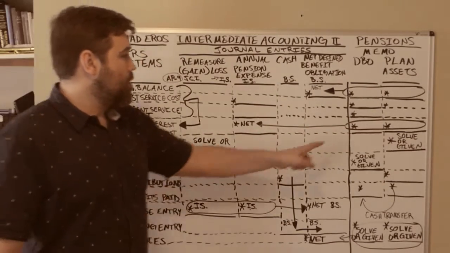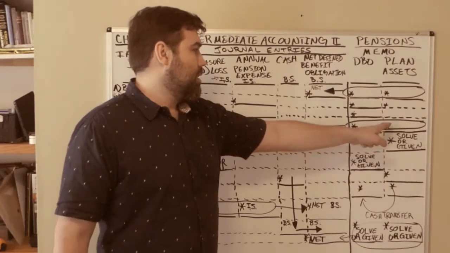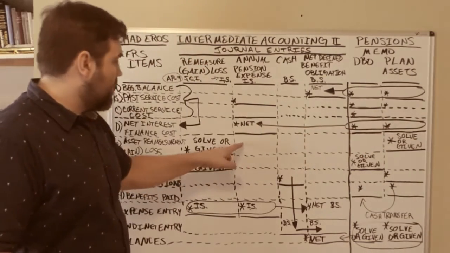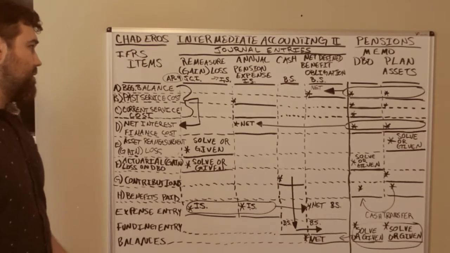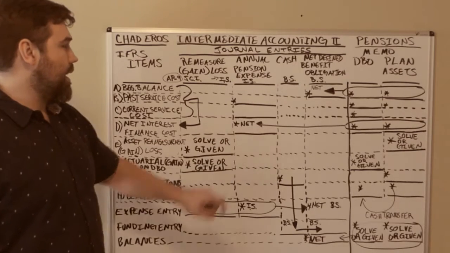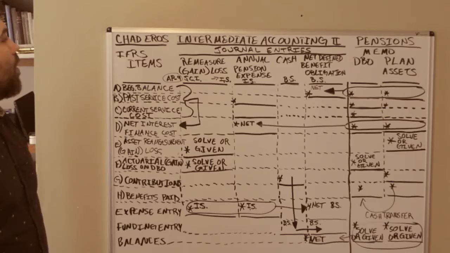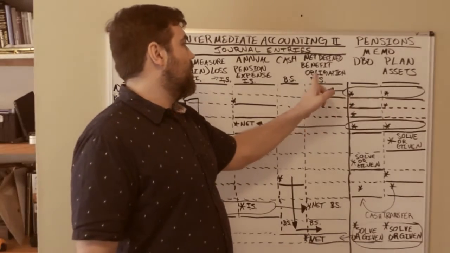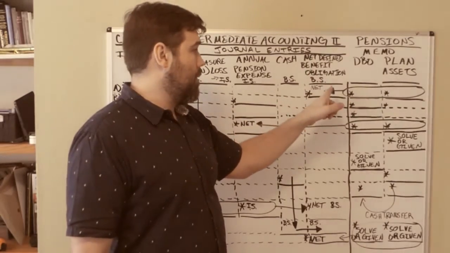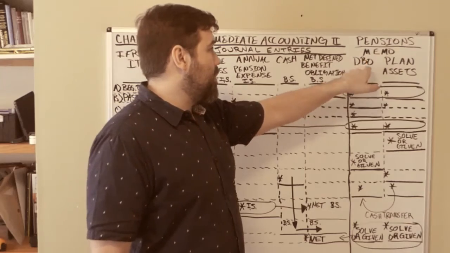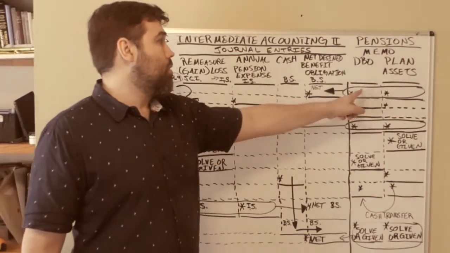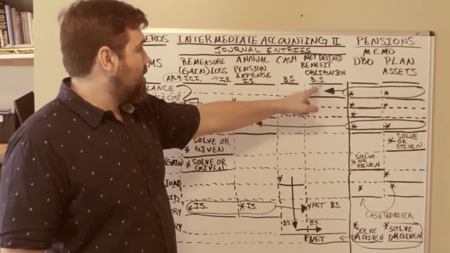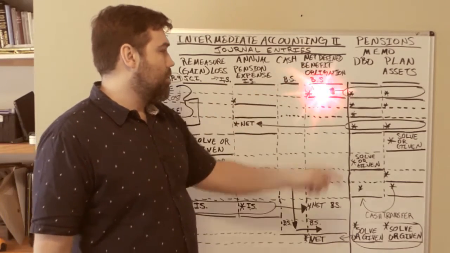So if you use two different lines, then you'd have another line here. Okay, but you don't have to do that. This is another place where you can net. Oh yeah, the first place that you net would be your defined benefit obligation and your plan assets. So you would net those two and put that net here as the net defined benefit obligation.